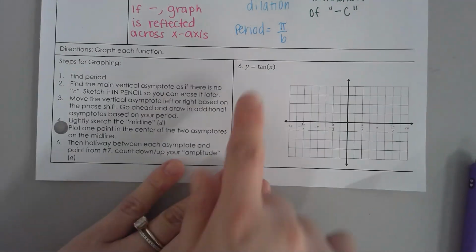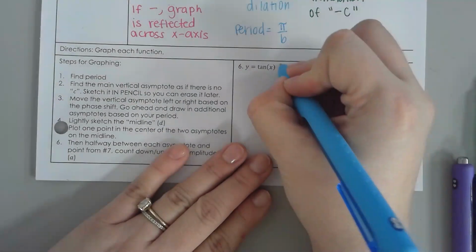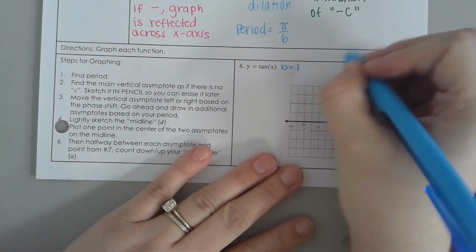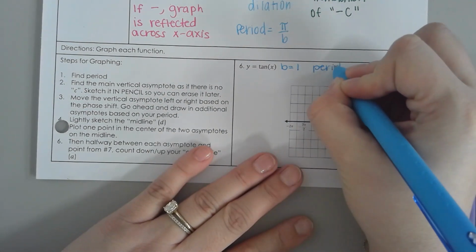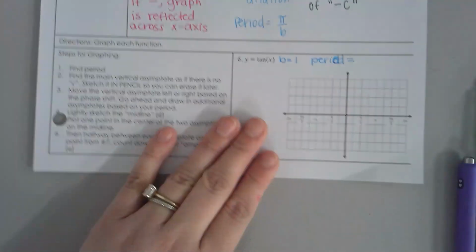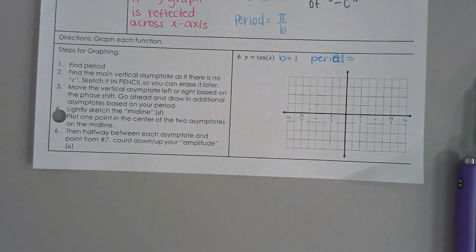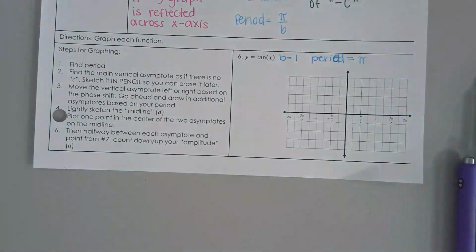So in this equation, my b is 1, which means my period of tangent is pi over b. So it's pi. We've talked about how the period of tangent is pi. Halfway around the circle, it starts repeating.